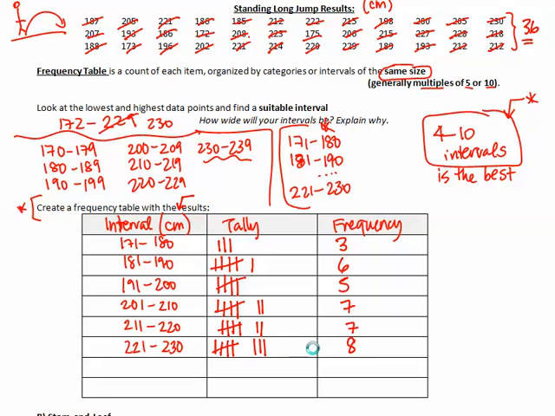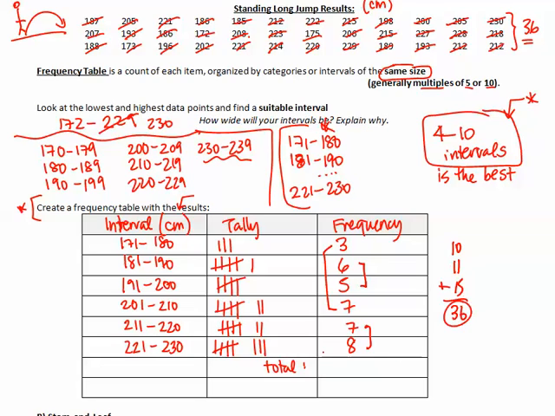Just as a check, let's find our total number of data points. So I have 3 plus 7 is 10, and 6 plus 5 is 11. 10 plus 11, and then this is 15, and that makes a total of 36 data points.